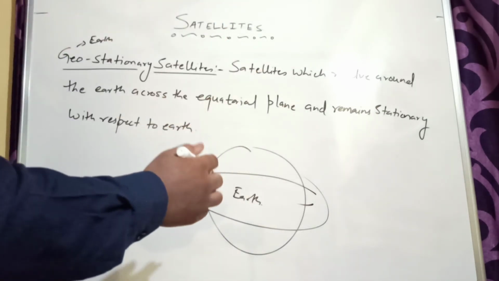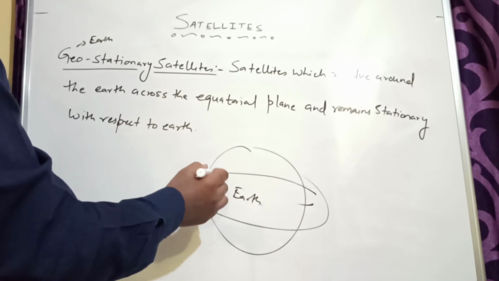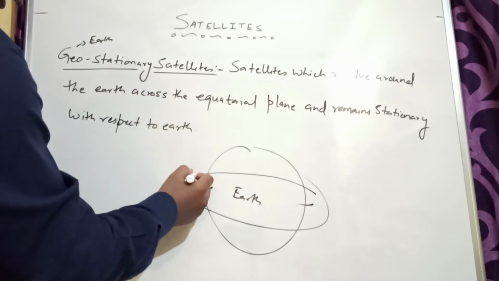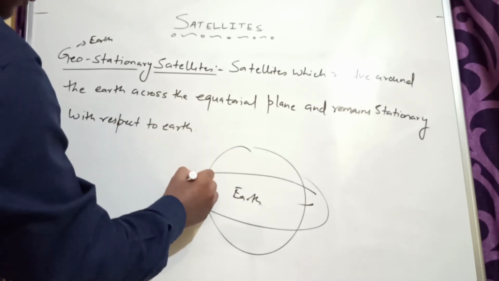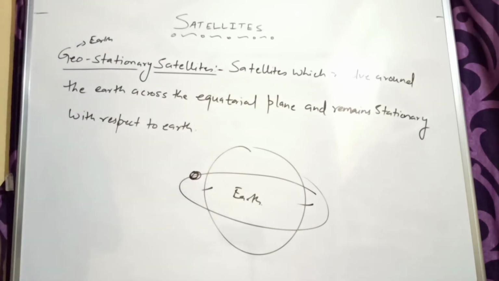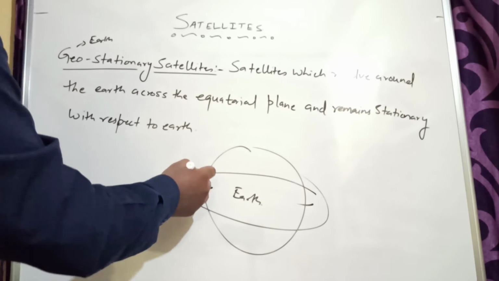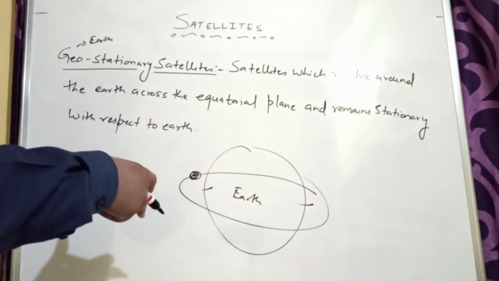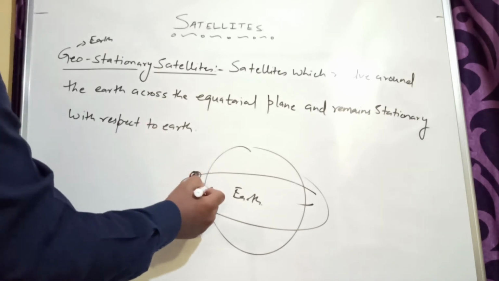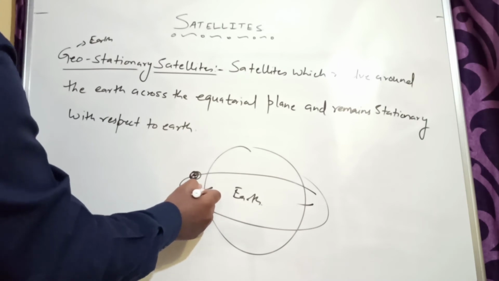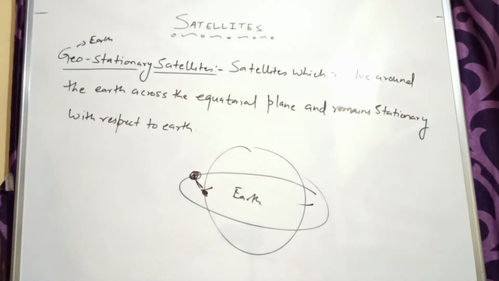So what happens is that if we have pointed the satellite, for example, at this position, whenever you see the satellite, you will see it at the same position. For example, here some person is standing and seeing this satellite.